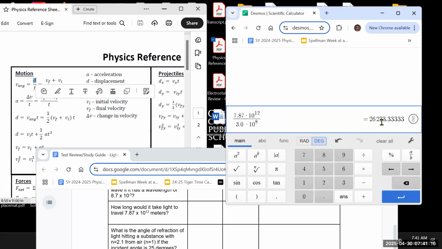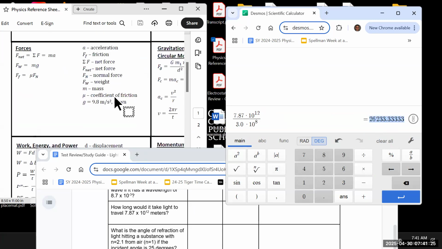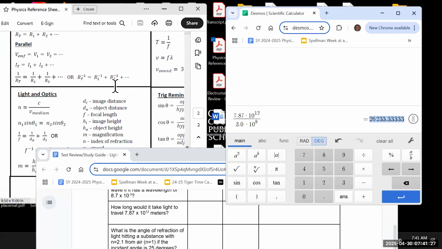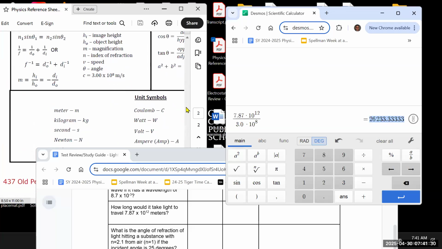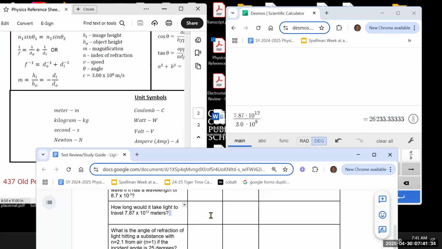And I get 26,233. Again, if you want to copy and paste that whole thing to stick it into your answer, that should be correct. Now, again, this is going to be in seconds because the speed of light is in meters per second. So that's going to be the unit that we have for that. And that gives us our answer.